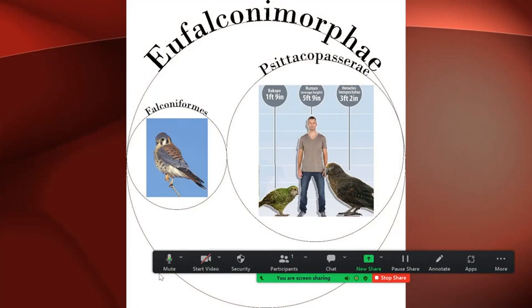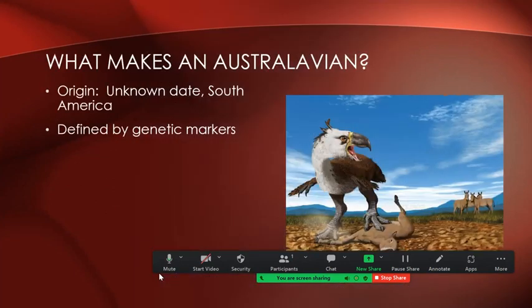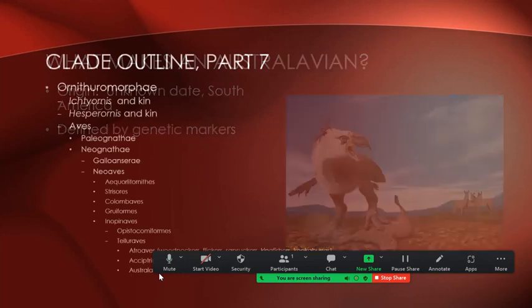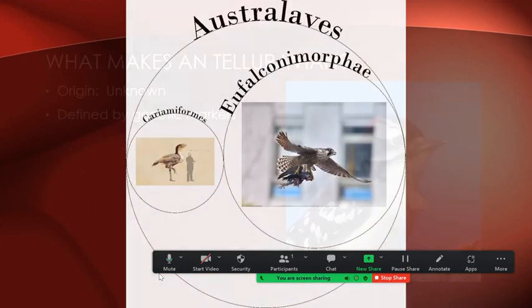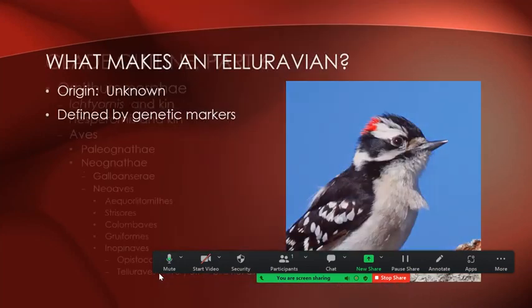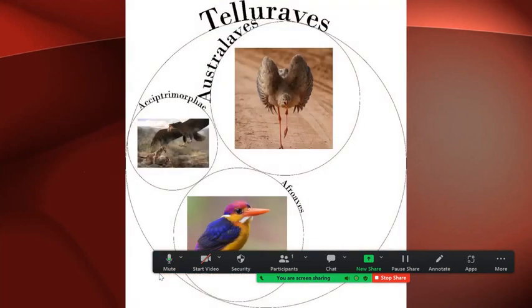And this is a really interesting thing because this is something that's been discovered just in the last 15 or 20 years. The Falconiformes, which you probably have guessed includes falcons, were for a long time placed in a completely different group. Based on their overall appearance, we thought they belonged in Accipitrimorphae, along with the hawks and the eagles and the buzzards and whatnot.